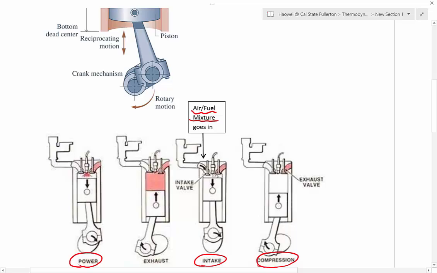The power stroke actually has two steps. The first step is the combustion process. You provide a spark to initiate the combustion process. And because you provide a spark, the combustion process happens really, really fast. So it can complete within no time. It gives no time for the piston to move.